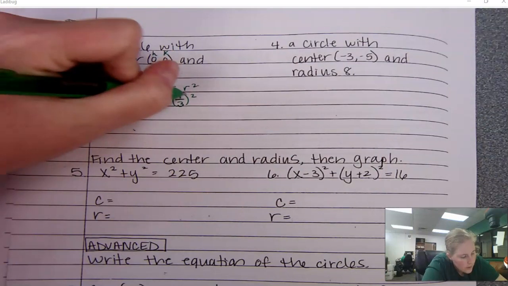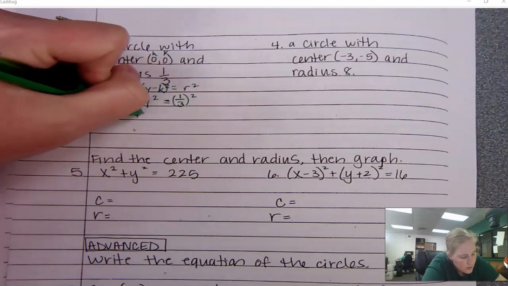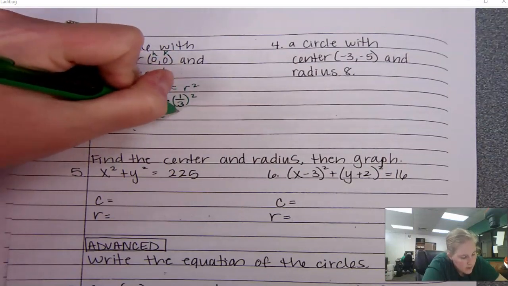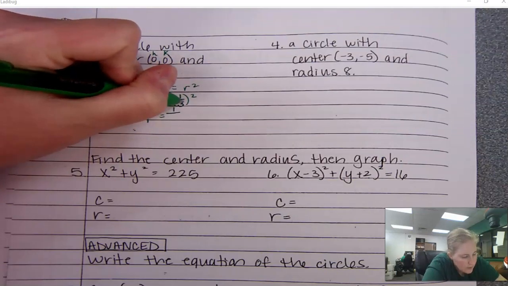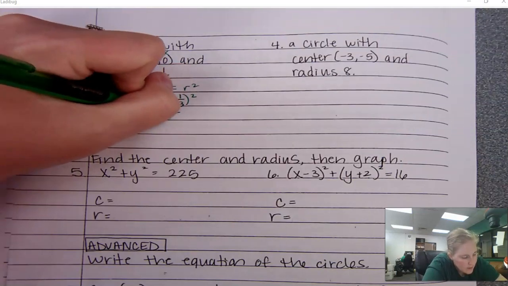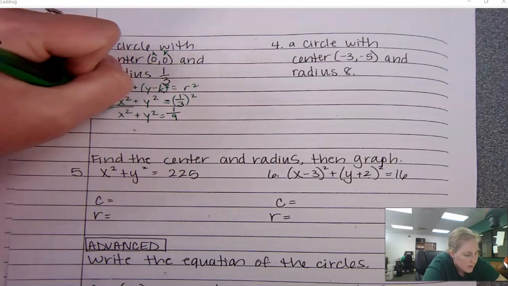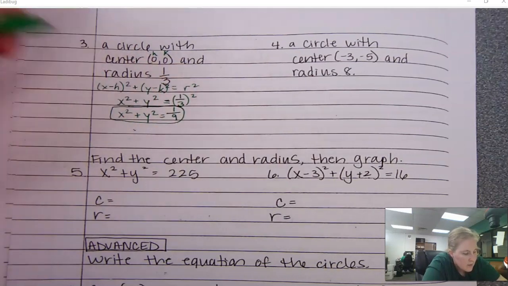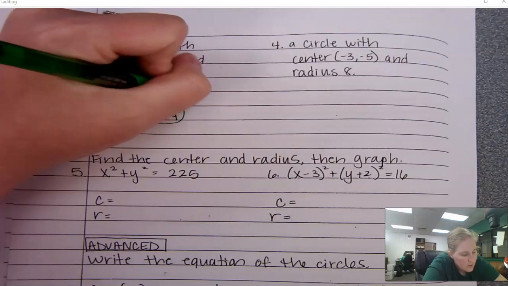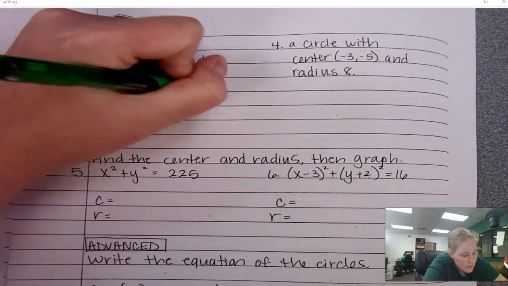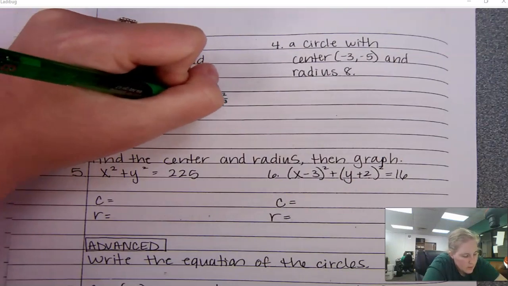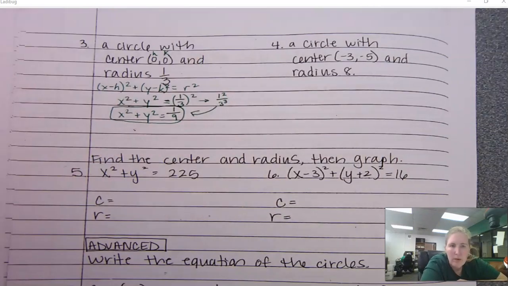So 1 squared would just be 1, because that's 1 times 1. And then when you square the bottom one, it would be 3 times 3, which is 9. So it's going to look like this. 1 squared will look like 1 squared over 3 squared. And that's how you end up with 1/9.